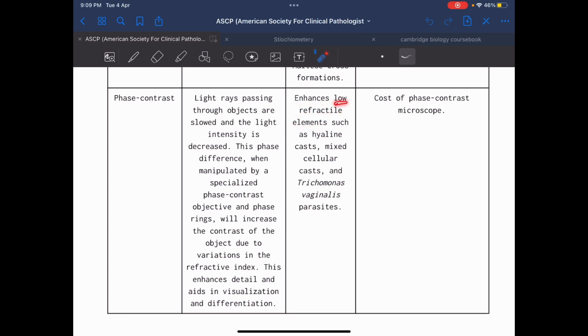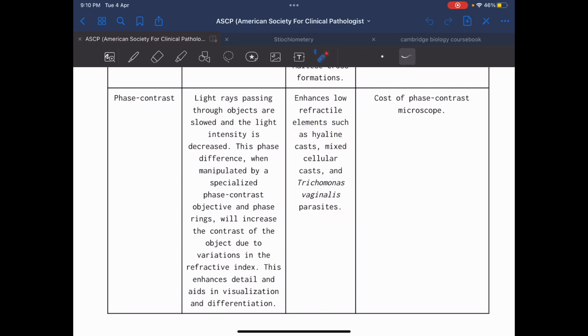If you have low refractile elements that you cannot see with polarized microscopy or bright light microscopy, such as hyaline cast, mixed cellular cast, and Trichomonas vaginalis parasite. These are low refractile.